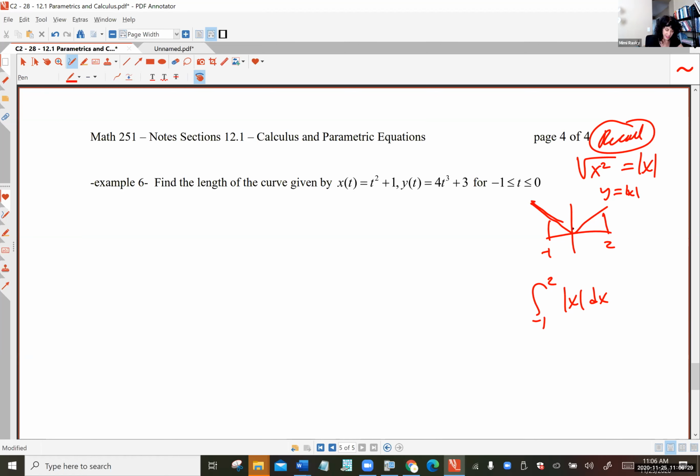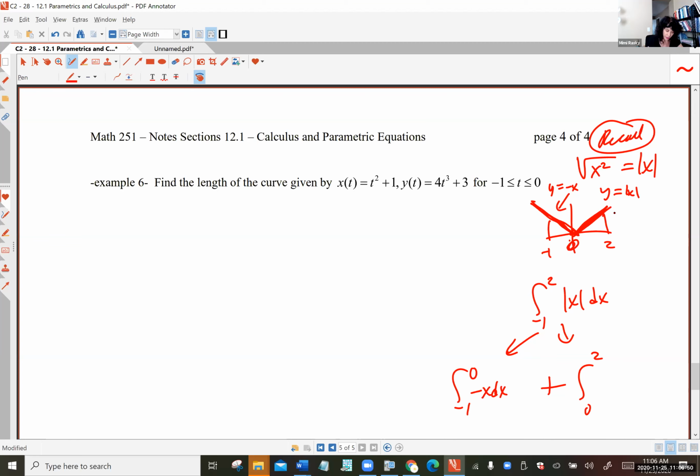You notice that this diagonal line has the equation y equals -x. And where the vertex was at 0, you're going to have to split this into two integrals, one from -1 to 0, and then 0 to 2. The one from -1 to 0, you'll integrate something that doesn't have absolute value in it, -x.